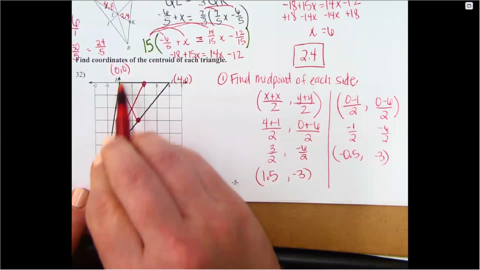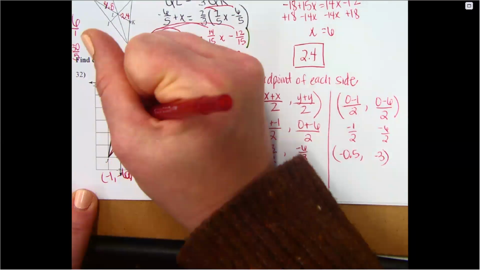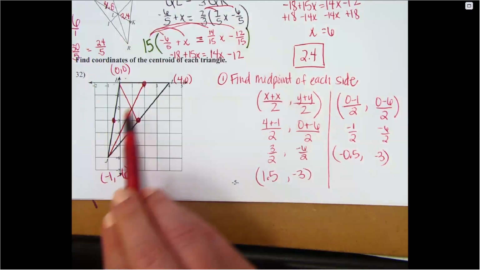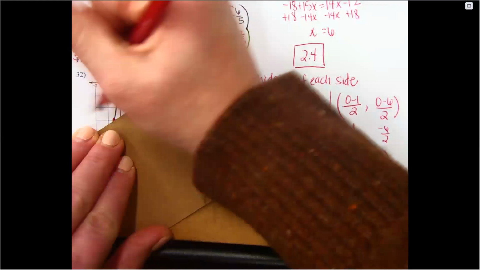And then here's the issue: people want to connect these dots. You're not connecting the midpoints. The midpoint goes to the opposite vertex. Like that. And so bingo, you have your answer. They are going to cross at 1, -2. That's your solution.